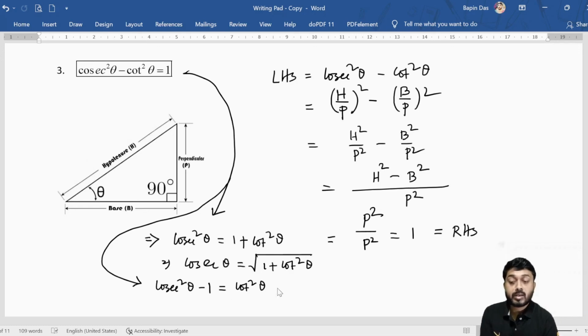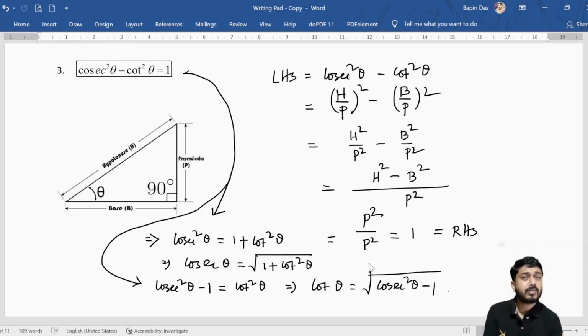Cosec square theta minus 1 is equal to cot square theta. उसके बाद taking square root of both sides you can get cot theta equal to root over cosec square theta minus 1. All right, these 5 are also literally the same thing as the very first one.